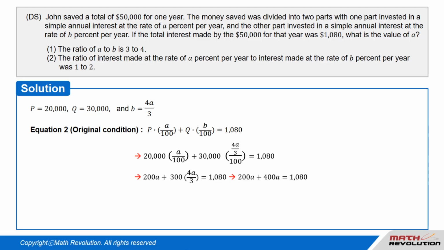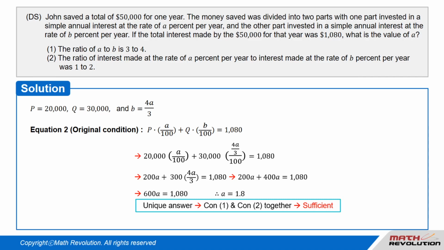Simplifying this gives us 200 times A plus 300 times 4 times A over 3 equals 1,080. Further simplification gives us 200 times A plus 400 times A equals 1,080. Combining like terms yields 600 times A equals 1,080. So A equals 1.8. The answer is unique, so the conditions combined are sufficient.